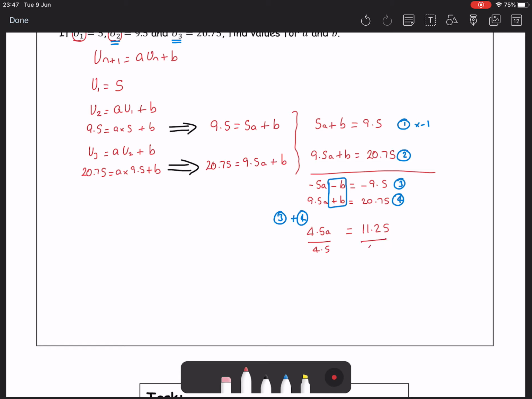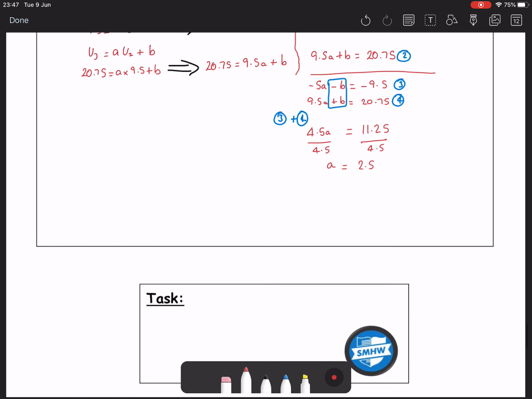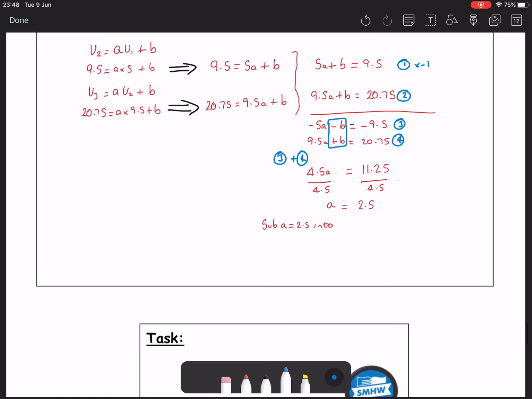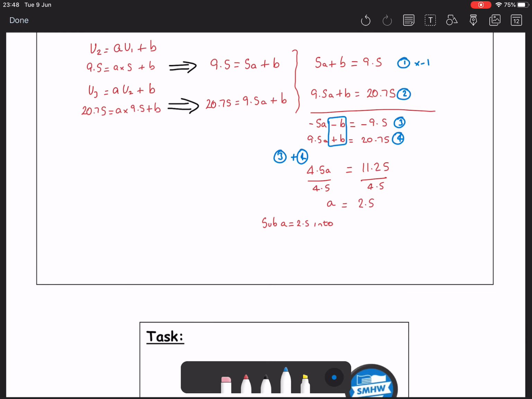Divide both sides by 4.5, I get an a value of 2.5. So substitute a equals 2.5 into equation 1 or 2, whichever is the simpler. I'm going to put that into 1.